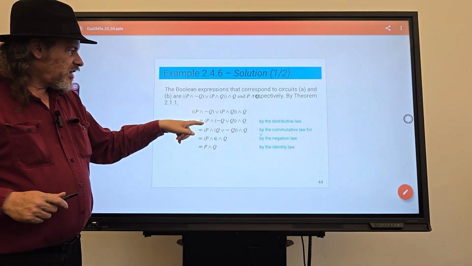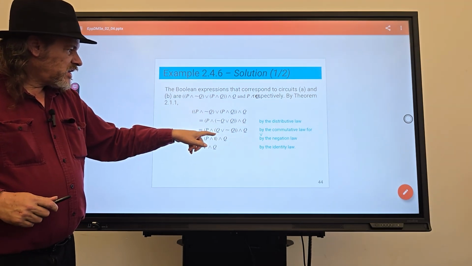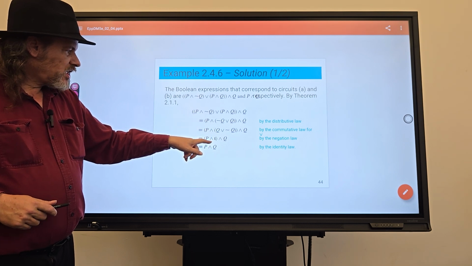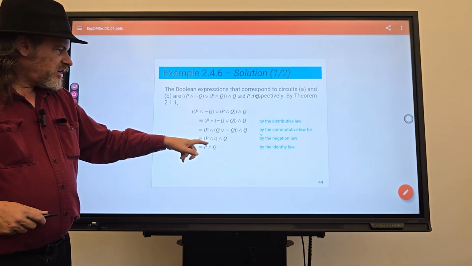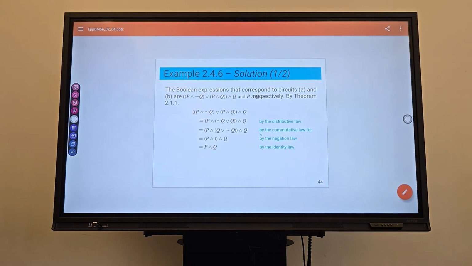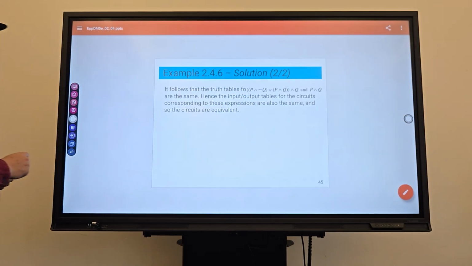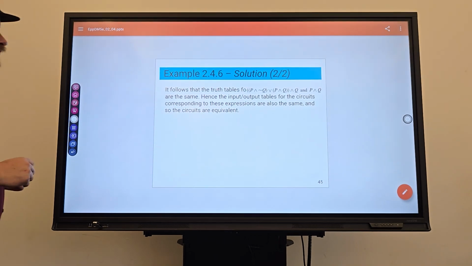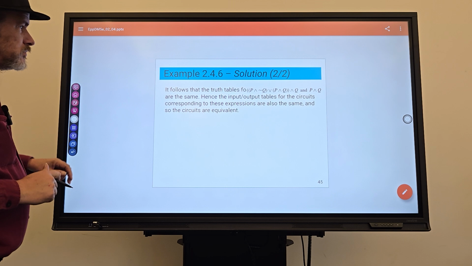The distributive law gets those out, and the commutative law, then the negation law, then the identity law. So you can work through the expressions and simplify them that way. So they are the same.